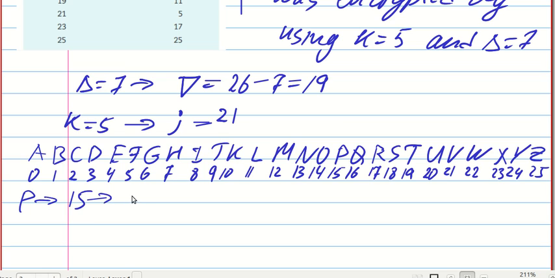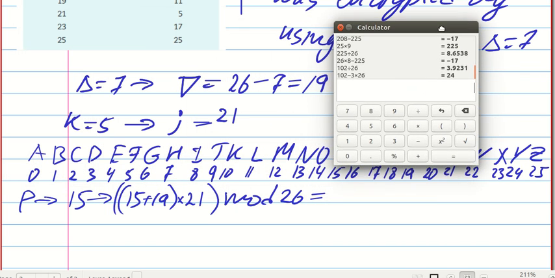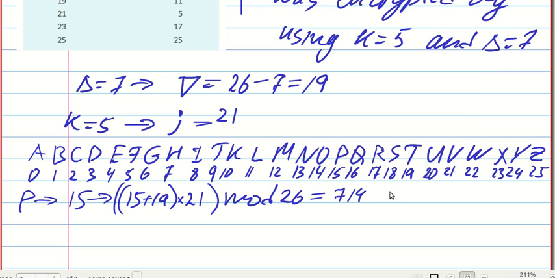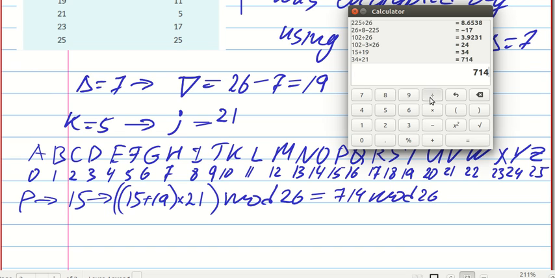So again, we undo addition first. So it's 15 plus 19 times 21 mod 26. Probably a calculator is the best thing to use. So 15 plus 19, we calculate this first, we multiply by 21, we get 714 mod 26, if I did everything right.